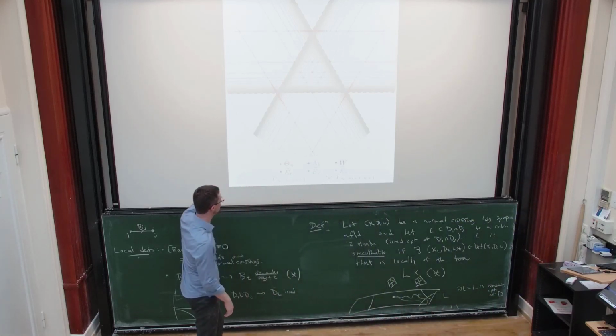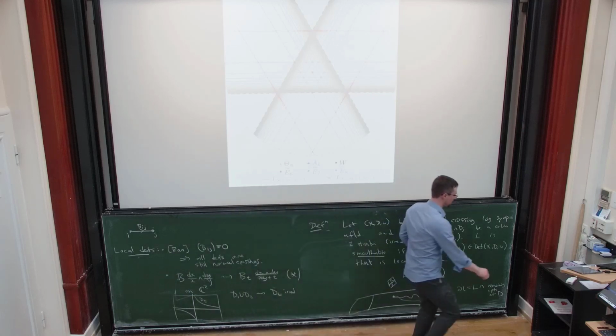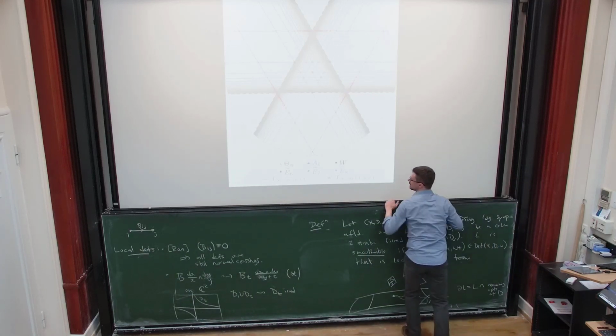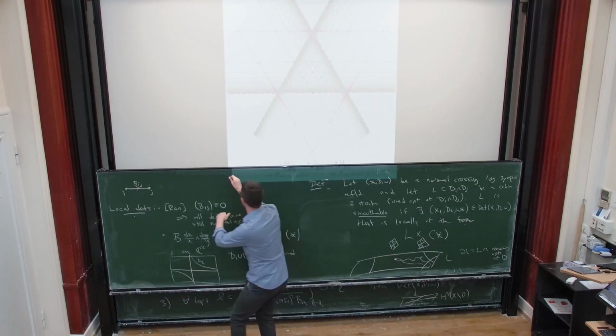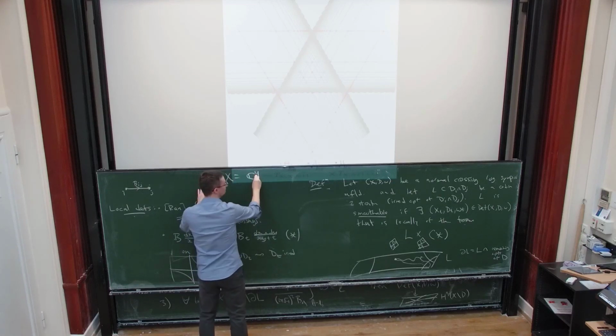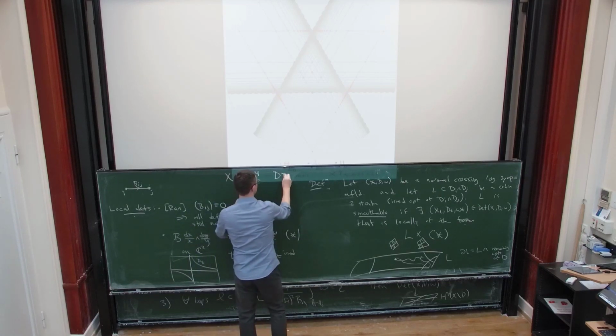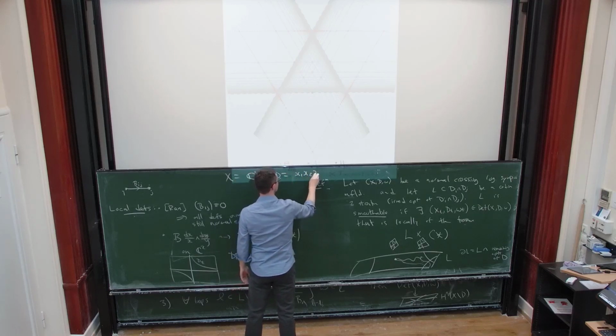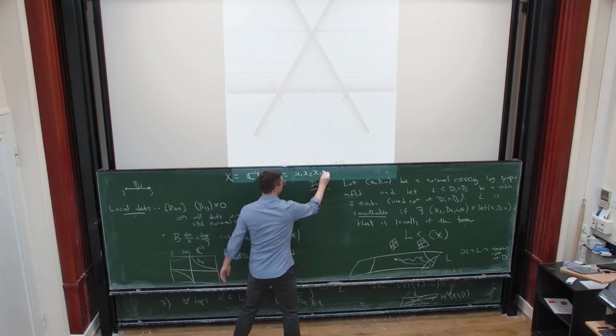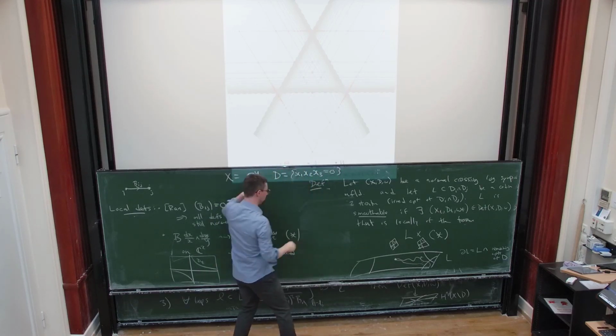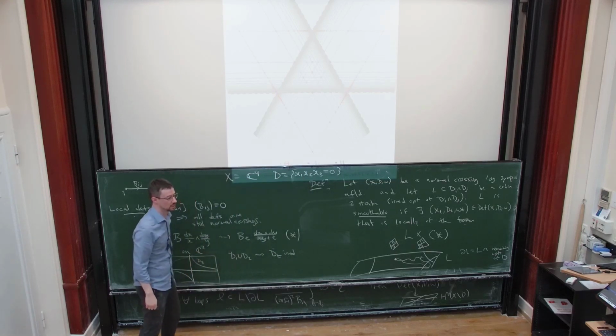Okay, so here's a picture. This is the case where X is C4, okay? And the divisor is the first three components, and the remaining direction doesn't have a component.